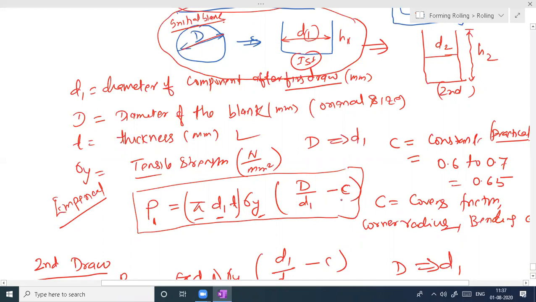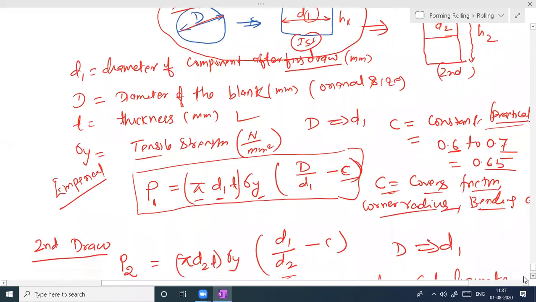C is a constant, a practical value obtained from experiments, between 0.6 to 0.7. So you can take 0.6. Basically, C covers friction, corner radius, bending, etc.